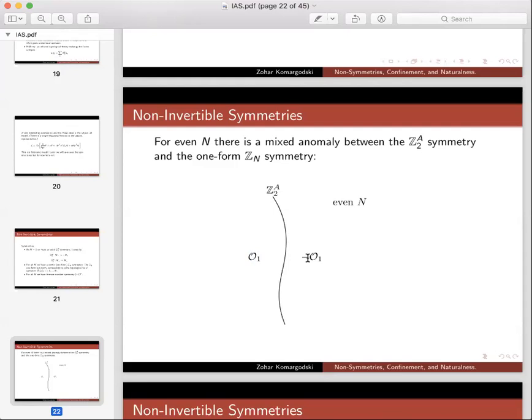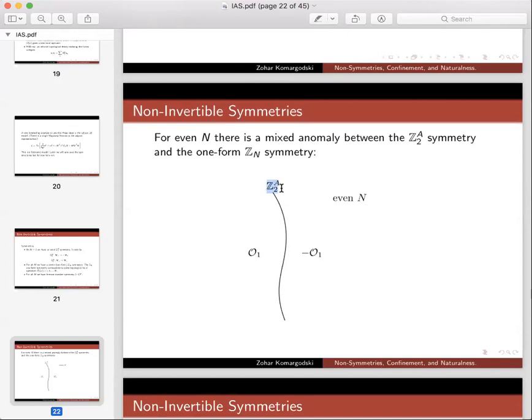What it means in practical terms is that acting with the conserved axial symmetry on the Hilbert space generates n/2 strings. And n/2 is something you can only discuss for even n. So this anomaly only exists for even n, and that was understood in the literature already for a long time.